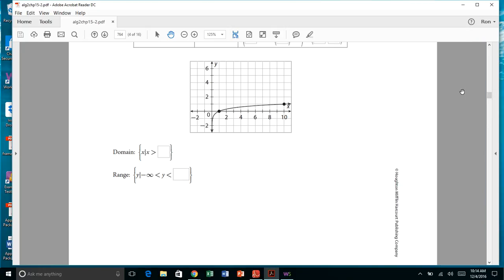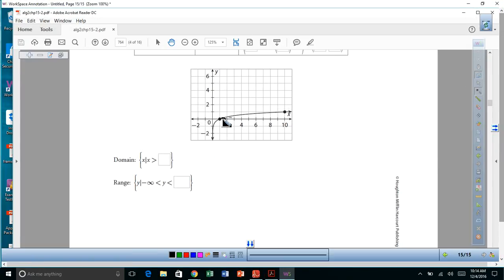Not a problem. So we had a vertical asymptote at x equals negative 2. I think I used blue for that. So let's do that. All right. And then we had negative 1, 4 for a point.